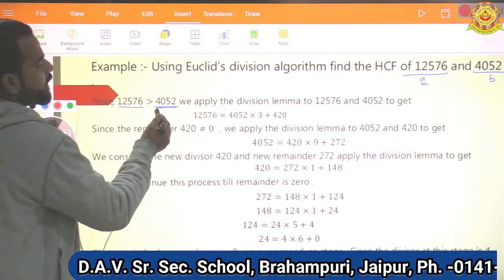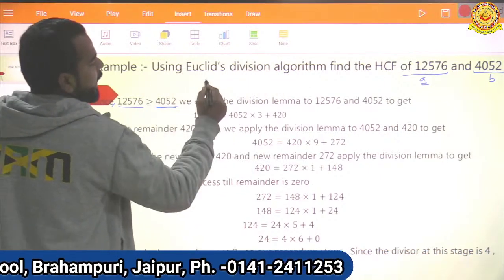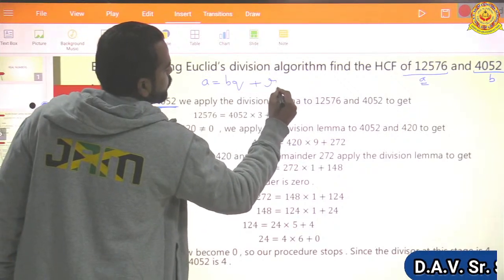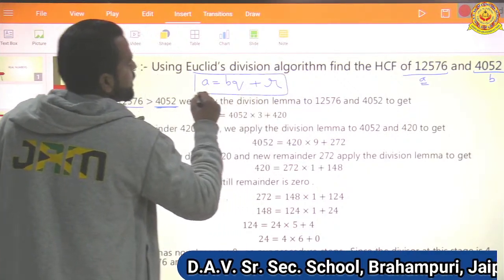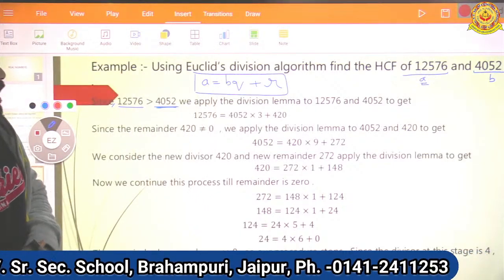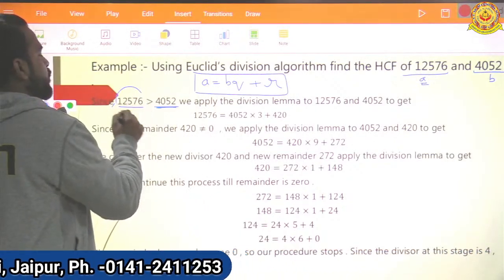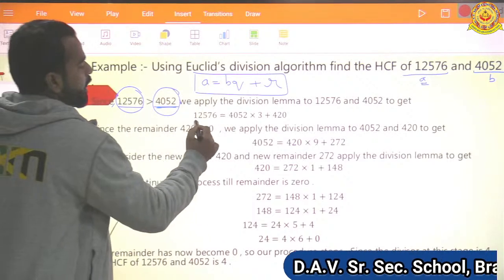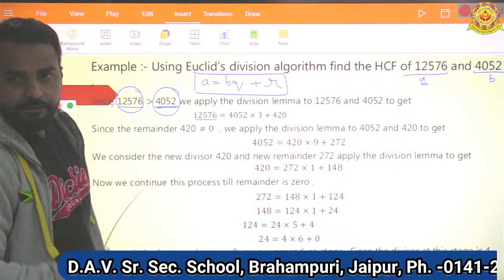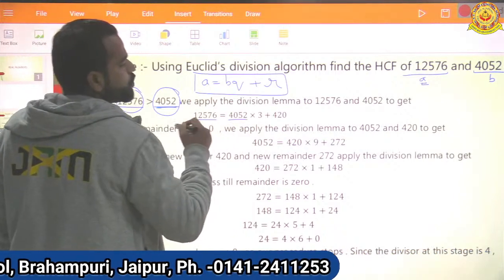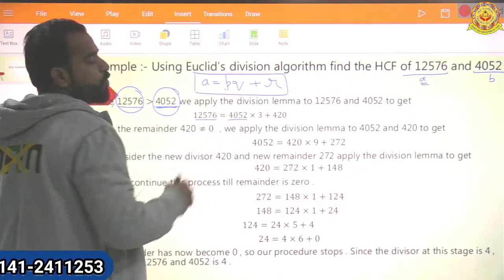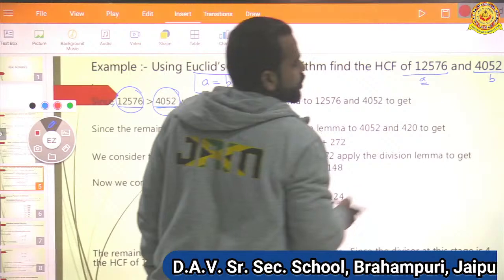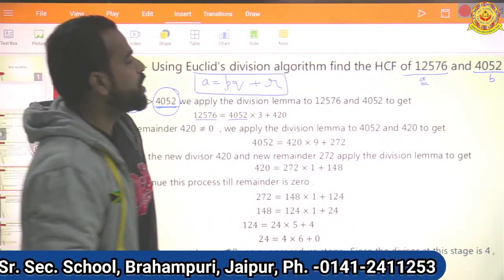As we know, we follow the Euclid division algorithm, A is equal to BQ plus R, where the A value is the greater one and the B value is the smaller one. So this is our number A, 12,576, and B is 4,052. Now if you divide this number A by B, you will get some remainder, because it is not completely divisible.